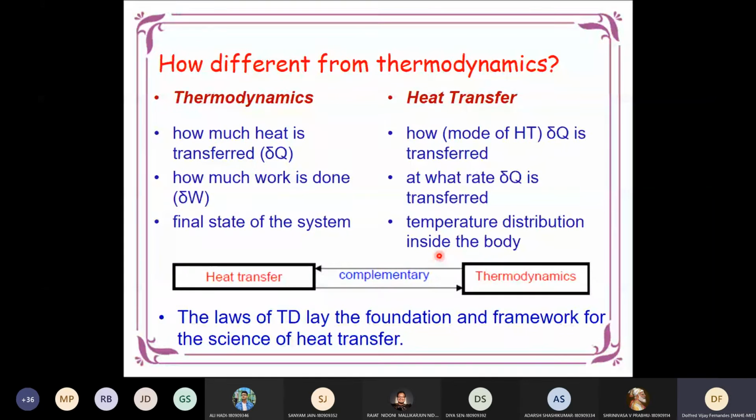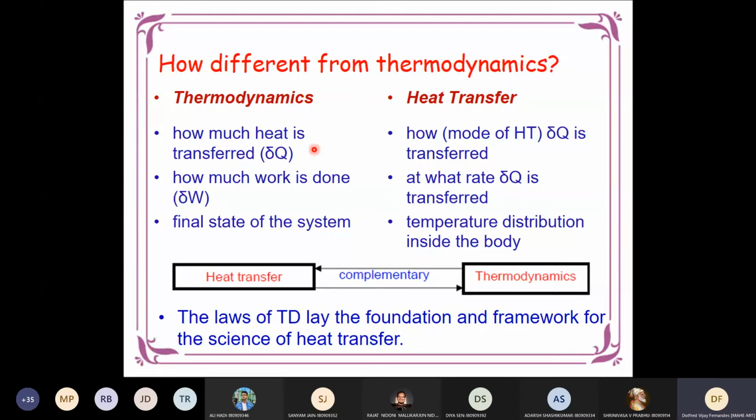Now, finally, this question, how is it different from thermodynamics? Because you have already studied thermodynamics 1 and 2. First I think you studied different laws of thermodynamics, processes, all those things, and later applied thermodynamics for different cycles. So what you studied in thermodynamics is how much heat is transferred.